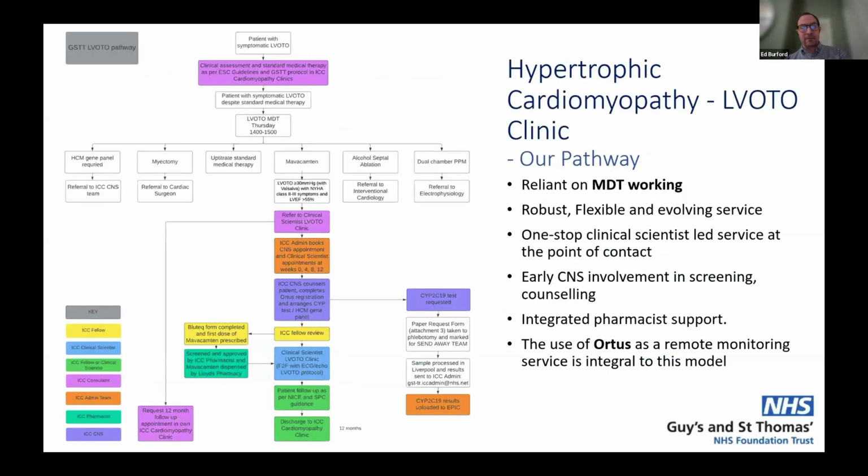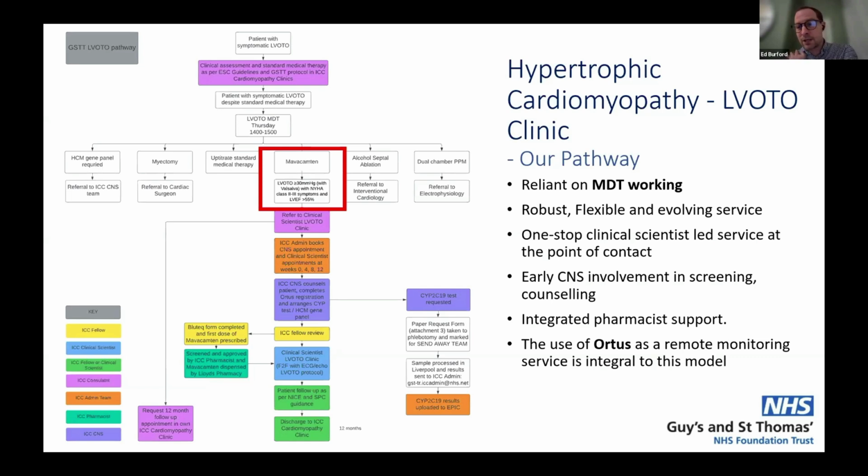So again, this is quite an involved slide of the pathway, and essentially the journey starts where they have symptomatic left ventricular outflow tract obstruction with HCM, and they go through our local MDT, where all treatment options are discussed. If they're deemed suitable for mavacamten, this new treatment, they then get entered into this new pathway.